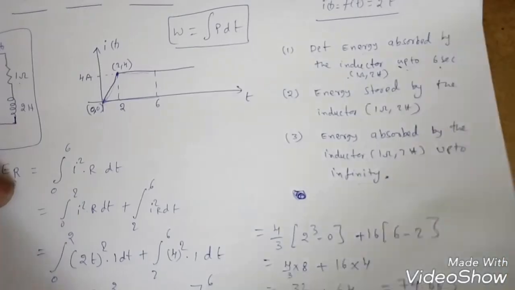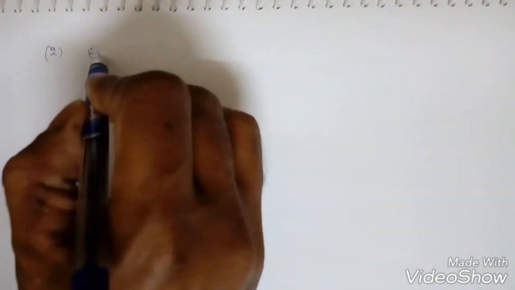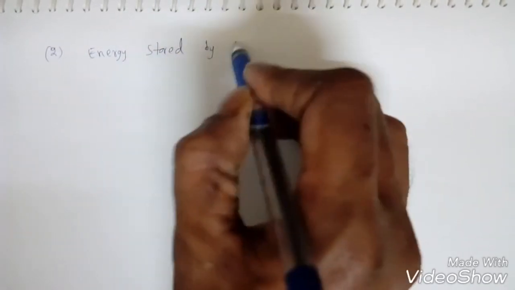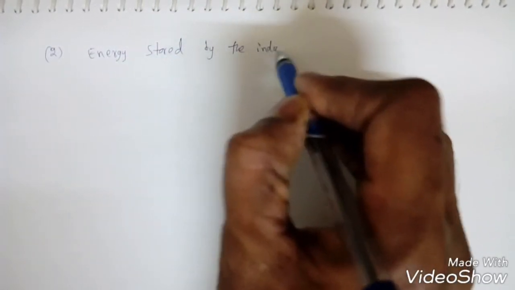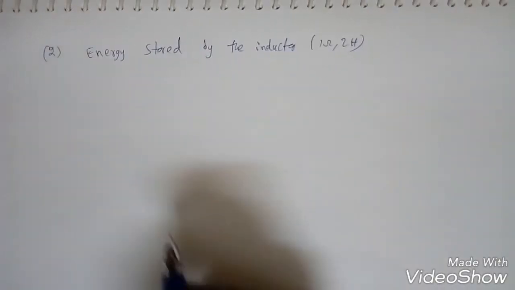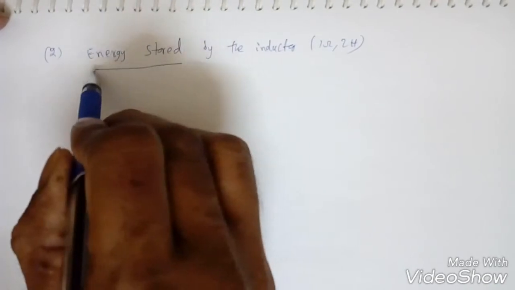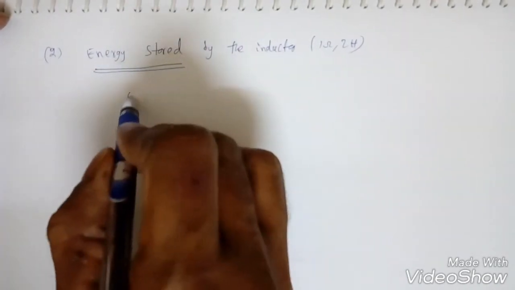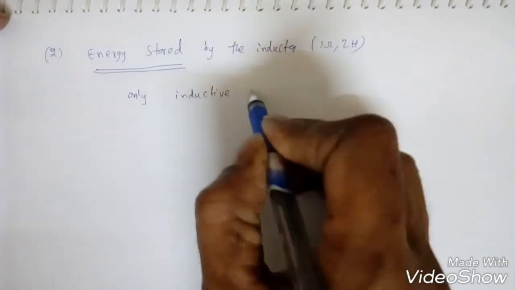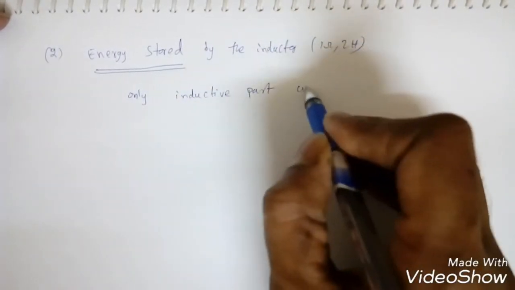Next, the second question is the energy stored by the inductor. It is 1 ohm, 2 Henry. Remember, the storing mechanism comes only from the inductive part; only the inductive part will store the energy.